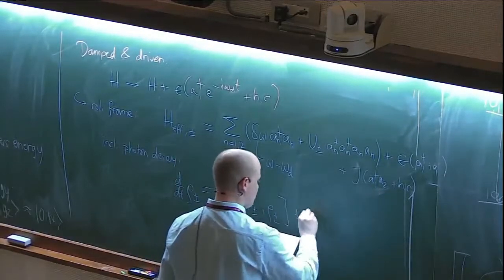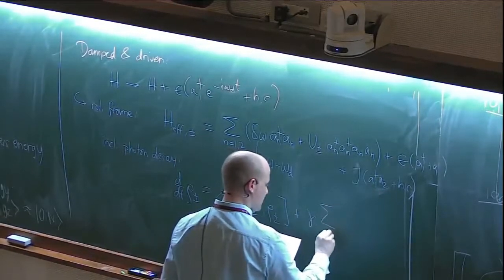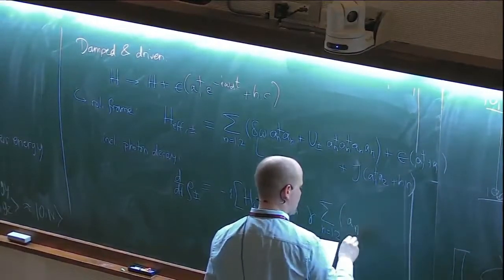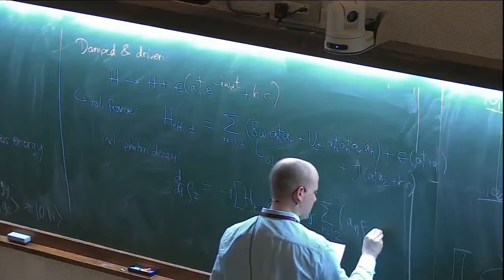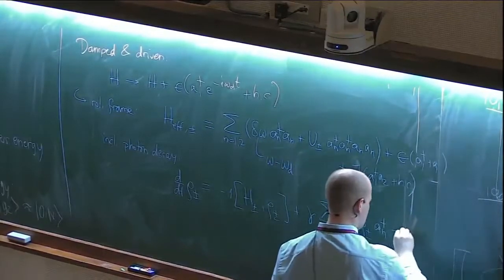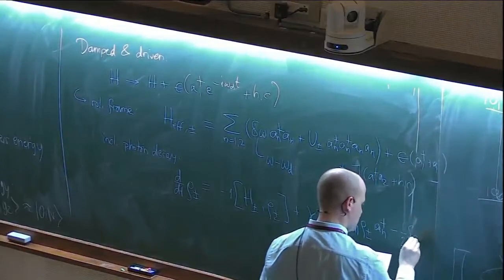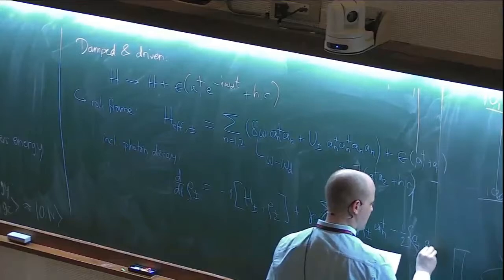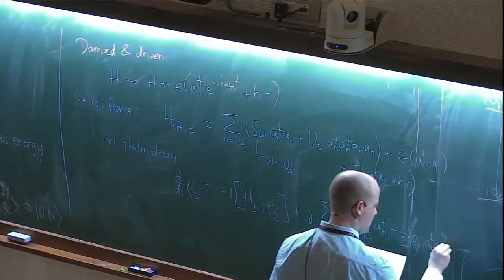And then plus gamma. And then the photon decay has the form AN rho AN dagger minus 1/2 rho plus minus AN dagger AN anticommutator.